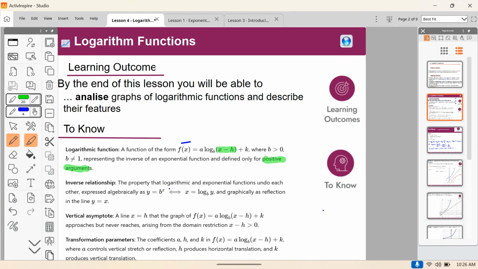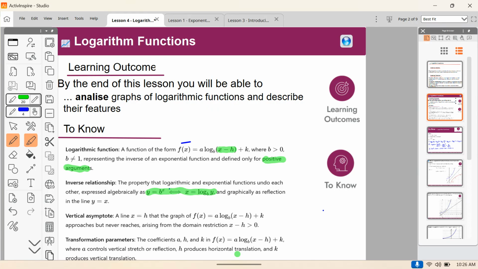Key information. This is an inverse relationship, so the property that logarithmic and exponential functions undo each other can generally be expressed in the definition of the logarithm shown here, which is when you convert between exponential form and logarithmic form, you're effectively making the inverse of the equation.